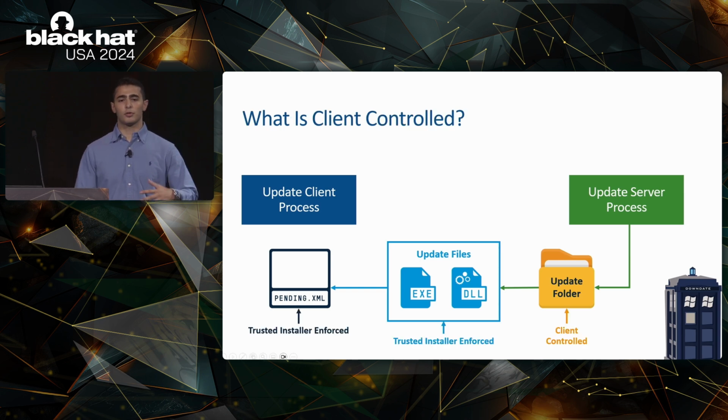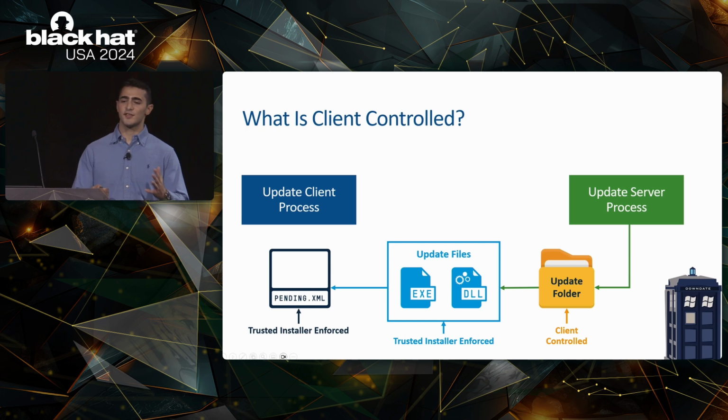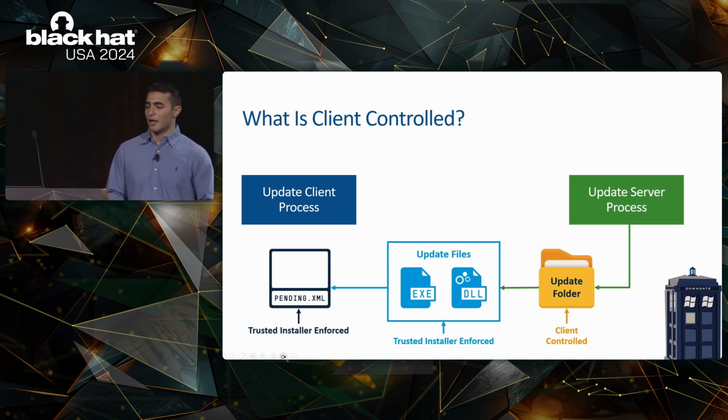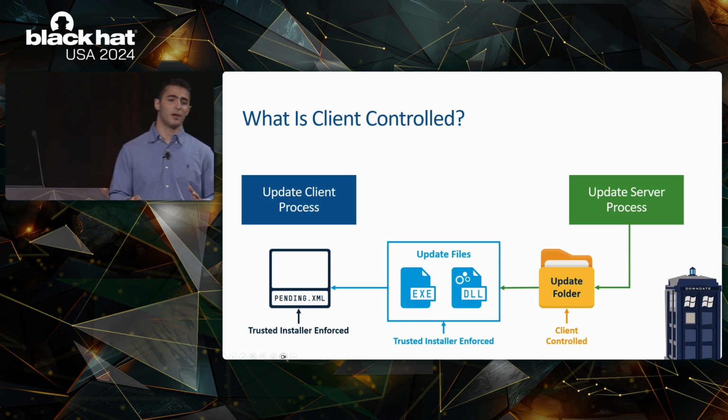Now, the client only controls the initial update folder, and so I decided to look at this folder first and see if maybe I can modify it, resulting in custom downgrading update files. As we already know, integrity verifications are performed on the update folder, so let's see how well they're implemented.